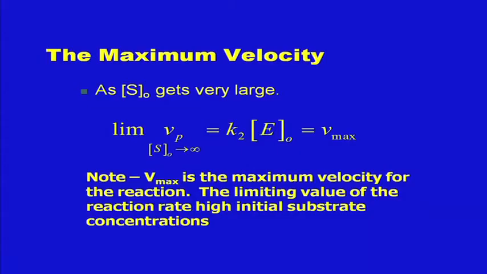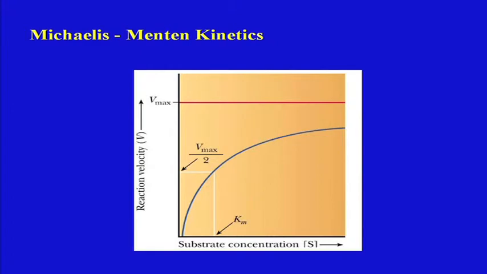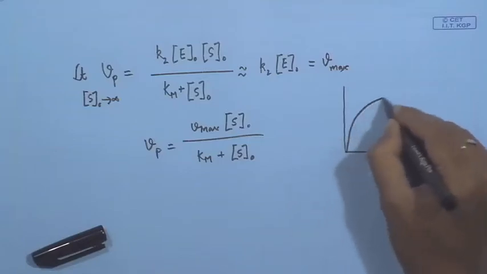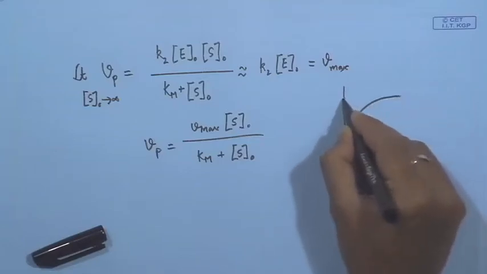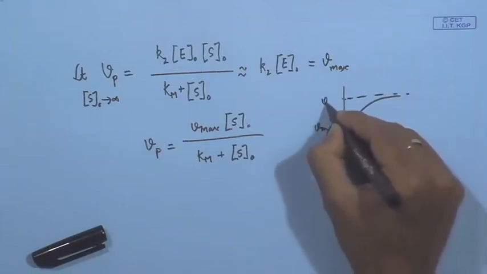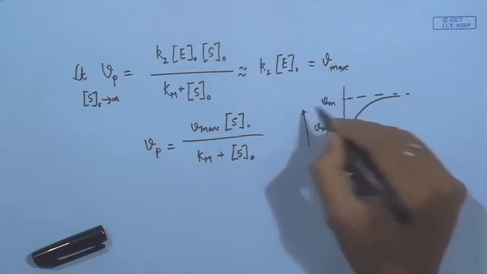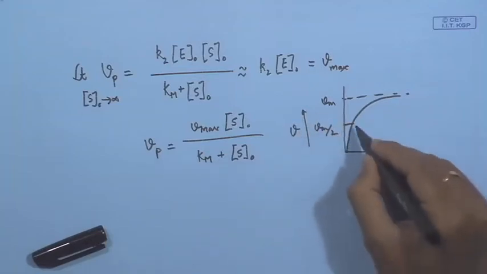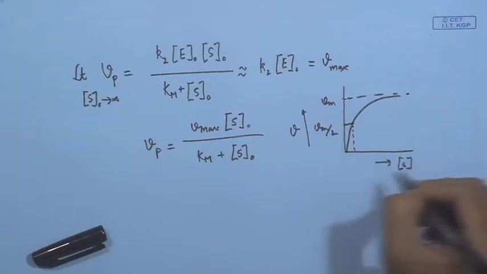Okay. Therefore, why has half height been taken like this? So, this is your half height. Okay. Vm by 2, Vm, this is V max, this is your velocity, this is your substrate concentration. Okay. So, this axis.